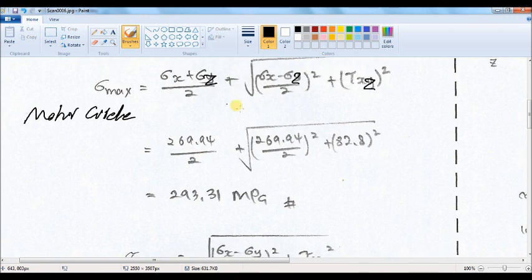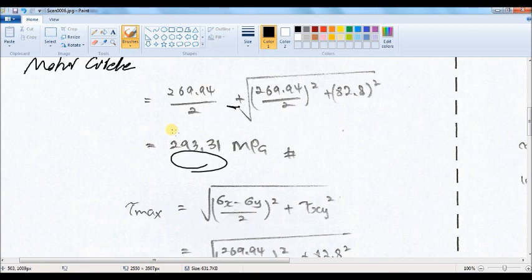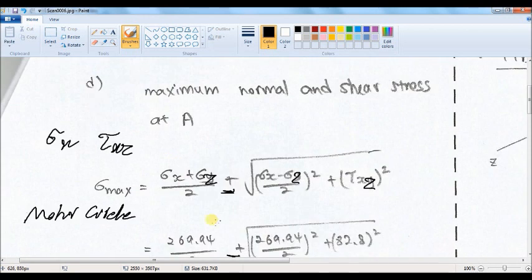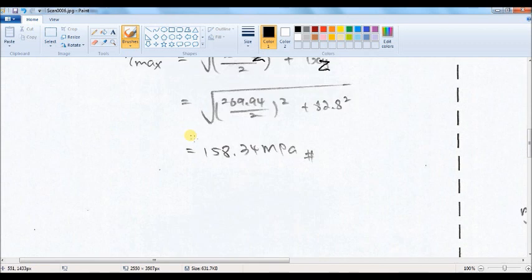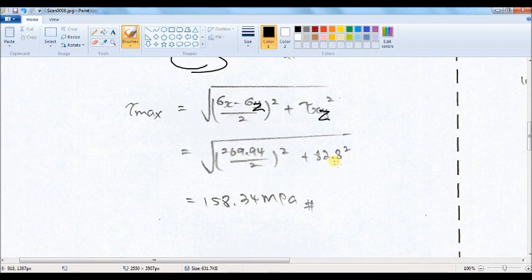Also, if you put a minus here, then you can find another principal stress, so we will have two principal stresses. And you can also find the maximum shear stress at this location by using this equation, but we can modify it for shear stresses, again with sigma x and tau x z. So the maximum principal shear stress is 158.